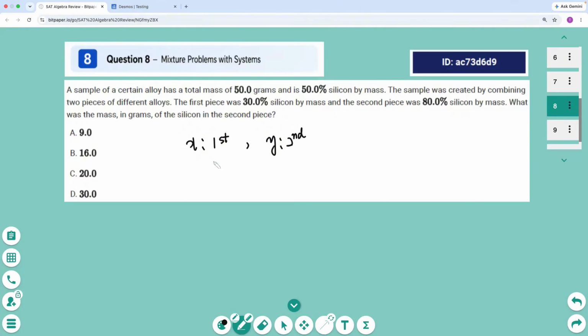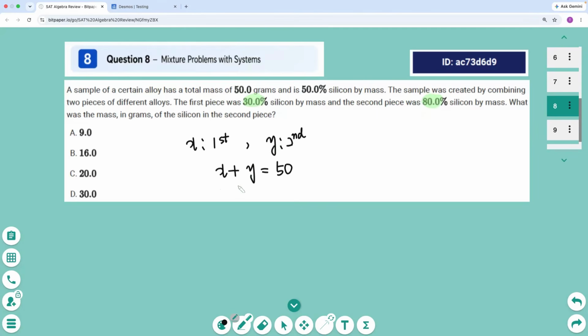First, the combined mass of two pieces is 50 grams, so x plus y is equal to 50. Next, set up an equation for the amount of silicon. The first piece was 30% silicon and the second piece was 80% silicon.